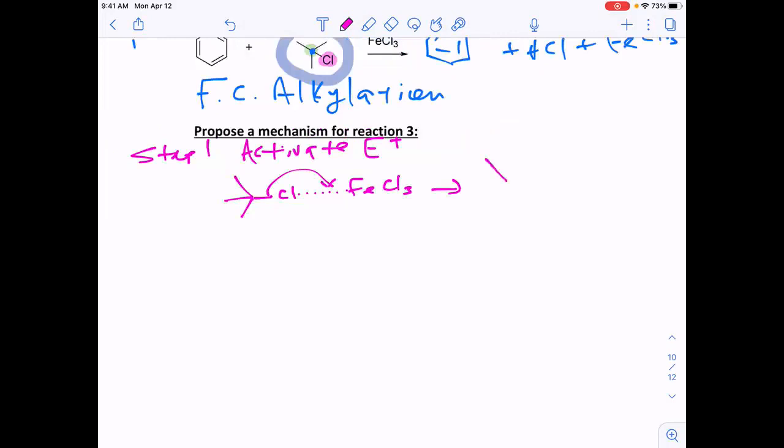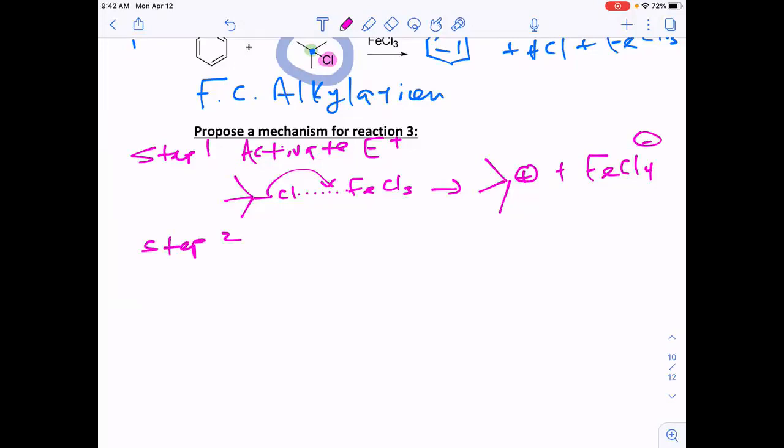So you're going to end up with a tertiary carbocation plus iron tetrachloride, and it's negative. Is that right? Yes. So that complexation part is important. That's the purpose of the catalyst, to make that complex so that you can get a really highly reactive electrophile, right? And then in step 2, what's the next step?